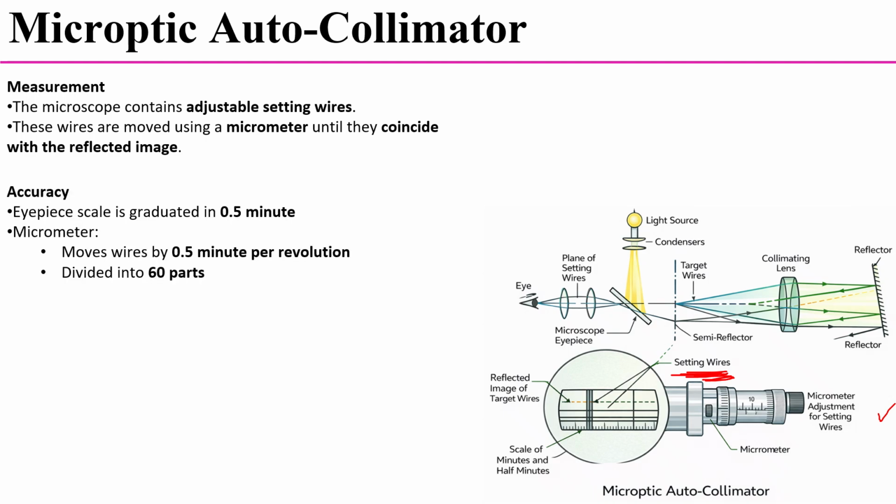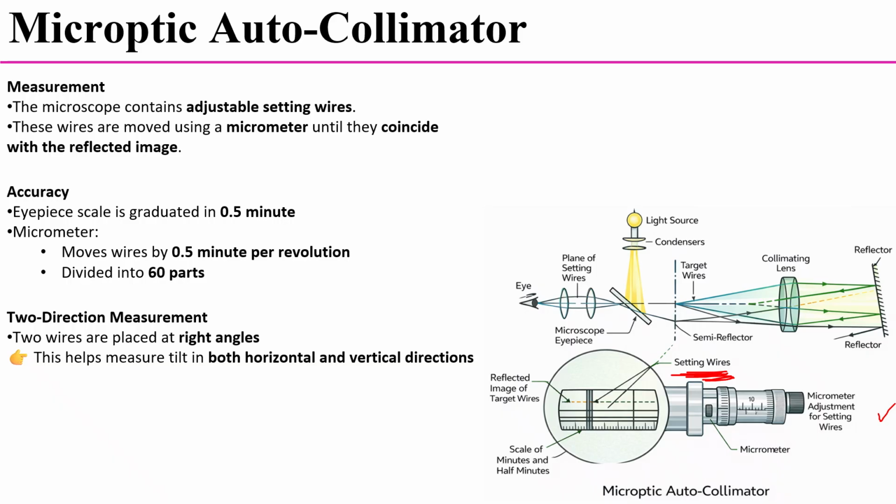Next we have to look at the accuracy of the micro-optic autocollimator. The eyepiece scale is graduated in 0.5 minute, and the micrometer moves the wires by 0.5 minute per revolution. This is divided into 60 parts.